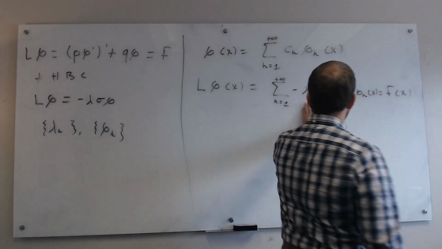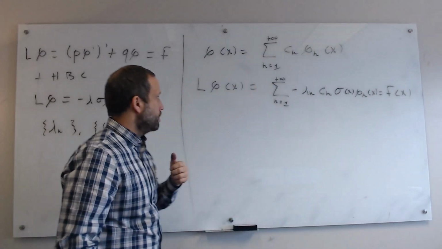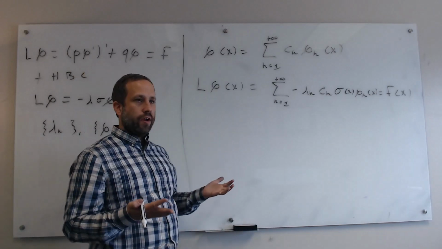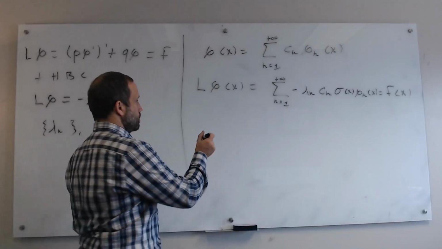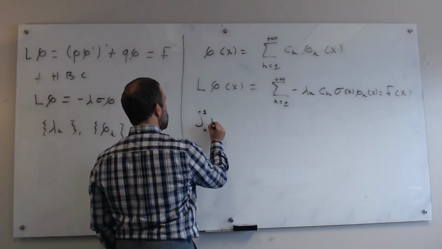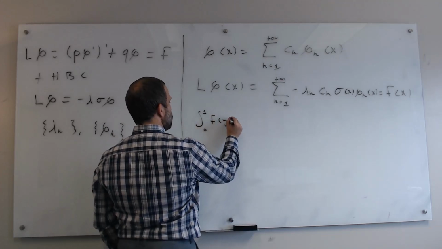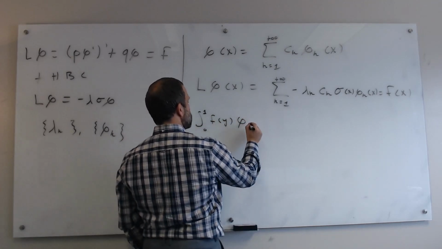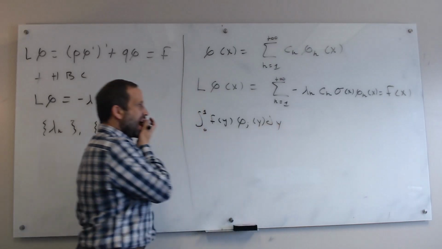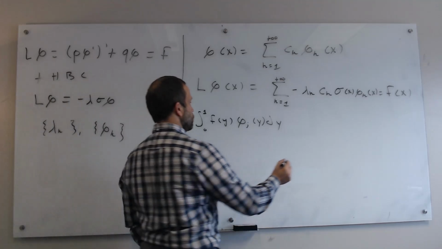All right, so now we want to try to figure out what the ck's are. What we're going to do here is a very similar computation to what we've done before. If I look at the integral from 0 to 1 of f of y times v j of y dy, what do I get here?